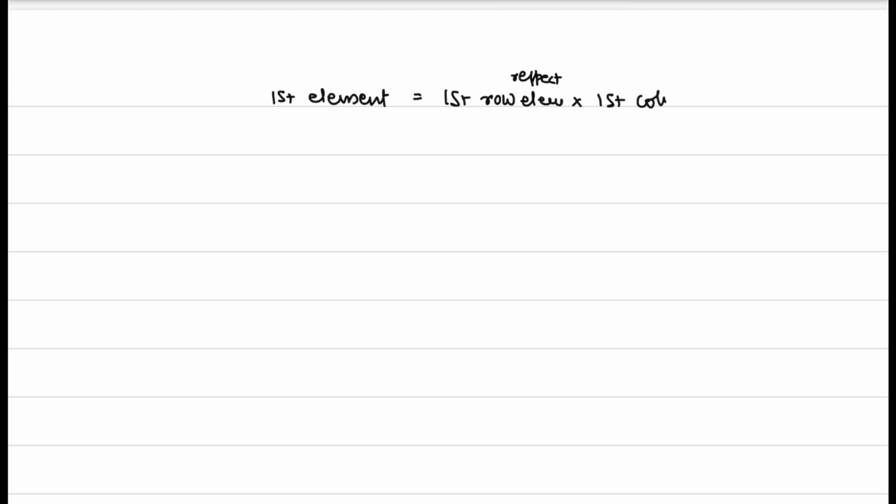Whenever you multiply two matrices, the first row will get multiplied with the first column: the respective elements of the first row of the first matrix with the respective elements of the first column of the second matrix. Please understand this.